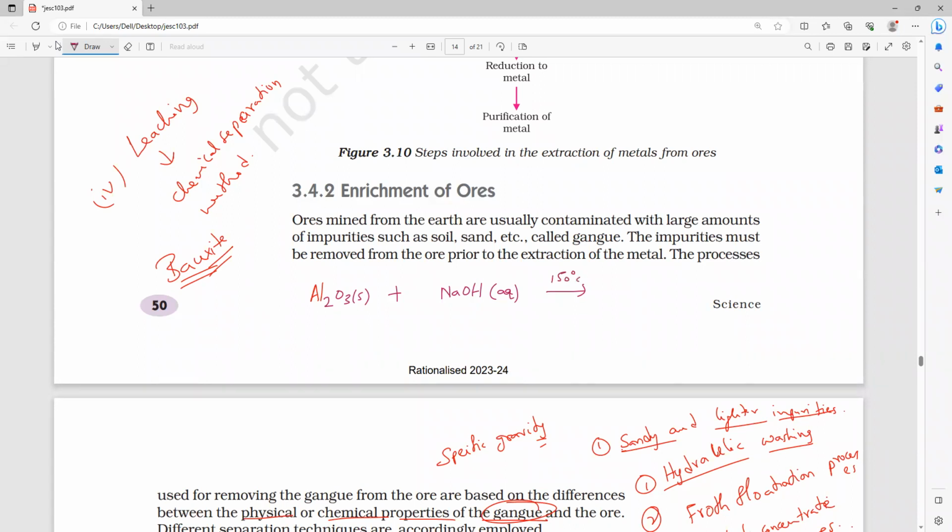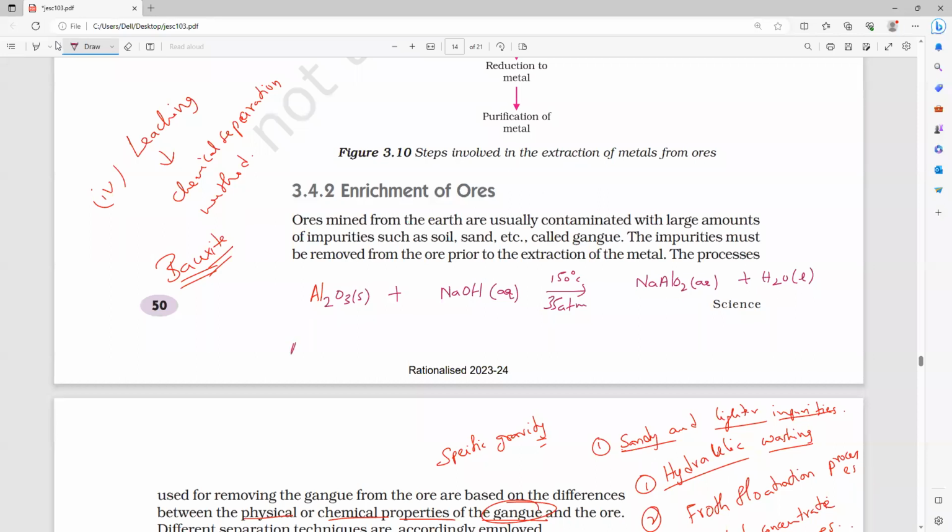If you do this, what are the expected products? All of you, this reaction we have written. We get sodium aluminate plus water. Sodium aluminate is soluble in water.